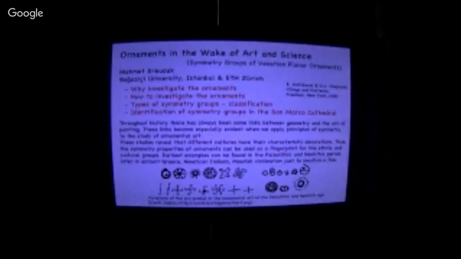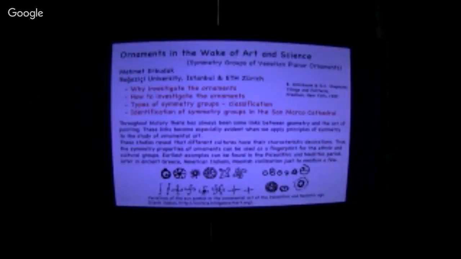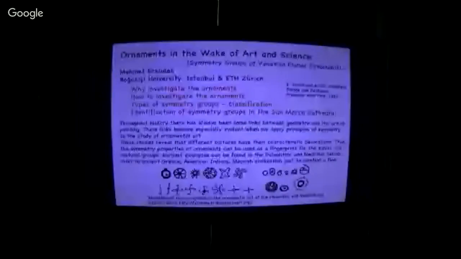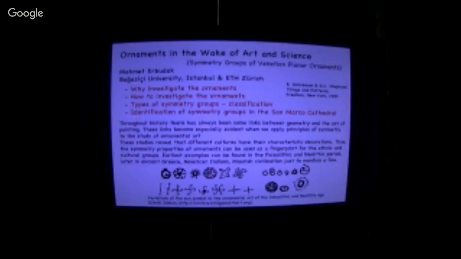A good example is the expression Islamic art. Another example I give you is how people in Neolithic and Paleolithic ages imagined what the sun looks like. These are pictures they put on the walls of caves. These are all signs for the sun.